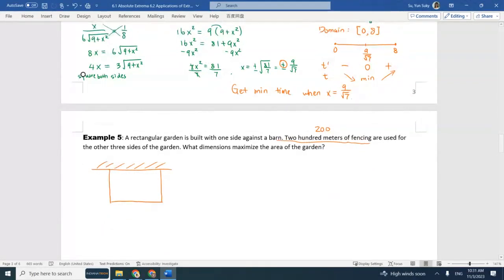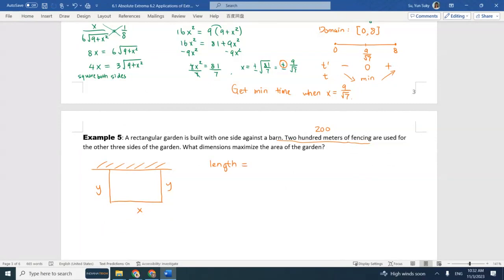So let's set the variables. Do you see this is like the vertical distance? So we use y. And this is the horizontal distance. We use x. Is that okay, everybody? And we know the length of the 3 sides.